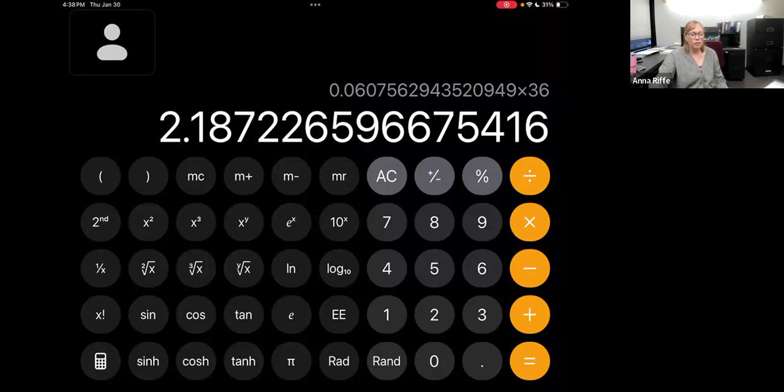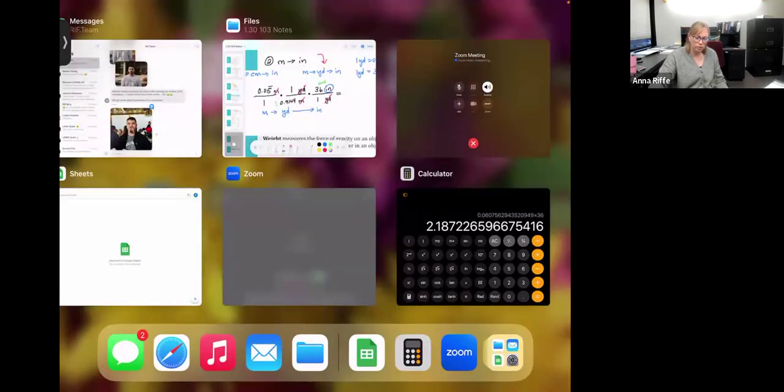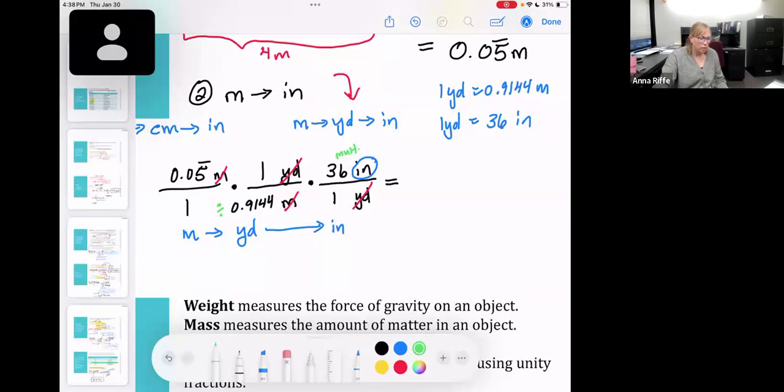We're not quite done yet though, because we need to convert this to the nearest 64th of an inch, which I'm looking at the time and I'm going to do kind of quickly here. So I apologize. It's about 2.1872 something. I'm going to take this decimal.